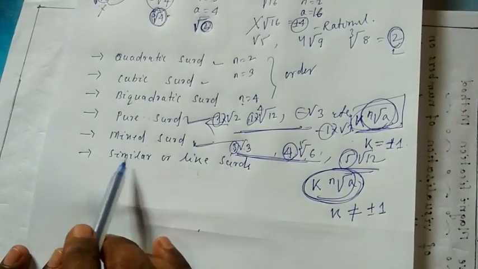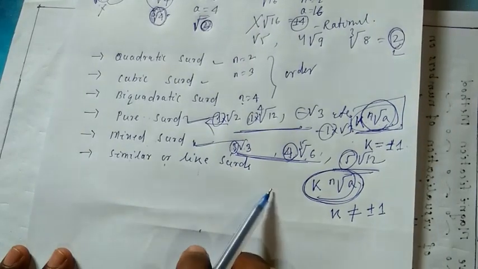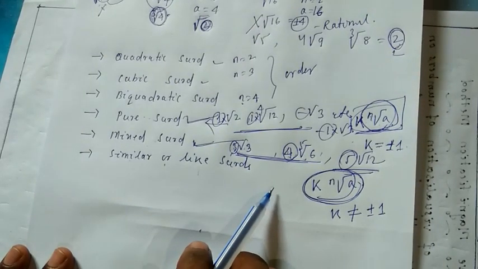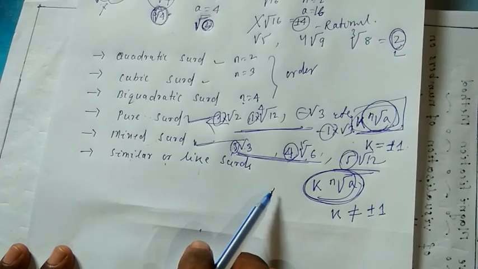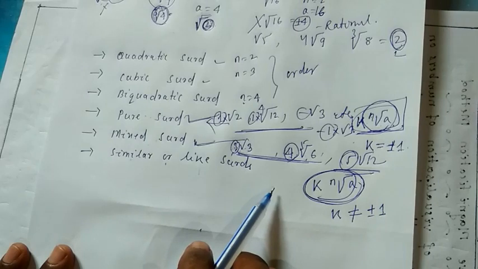Remember, our last part is similar or like surds. Two surds are similar if they have the same irrational factors. Two surds are like surds, or similar surds, if they have the same irrational factors.